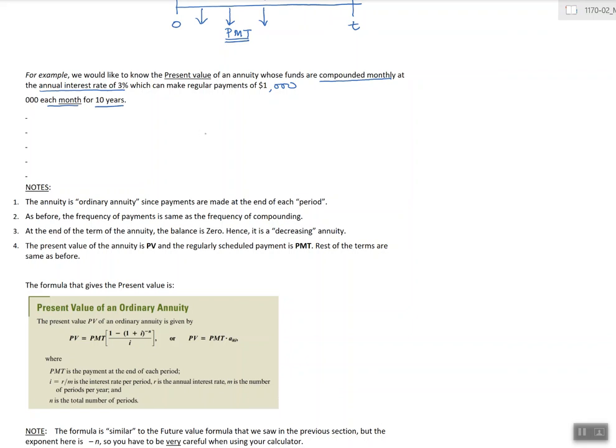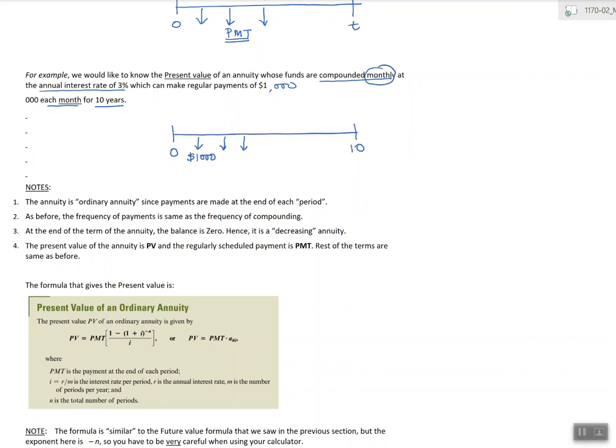So let's look at the diagram for this. This is time 0 and this is 10 years. For 10 years we want to withdraw $1,000 from it every month.